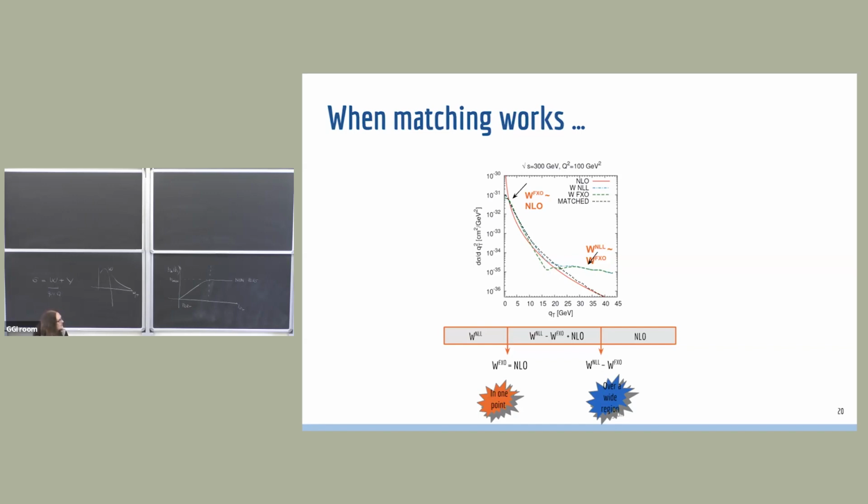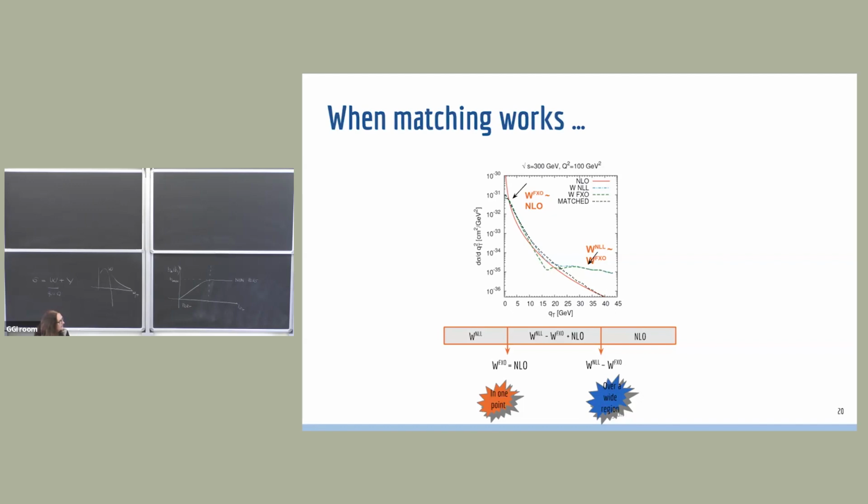And then you use a prescription for the matching, which is devised in such a way that there is a region in which the W term computed at next-to-leading log is almost the same as the W term computed at fixed order. Then this and this term cancel out, and in this region here, you match your next-to-leading order cross-section smoothly here.